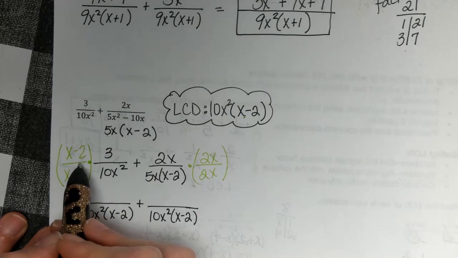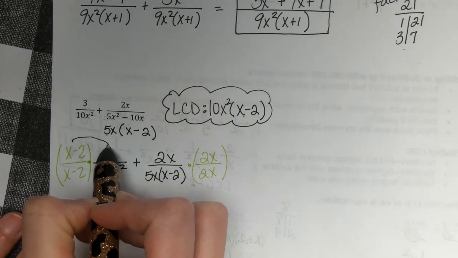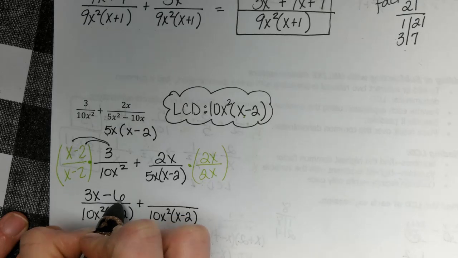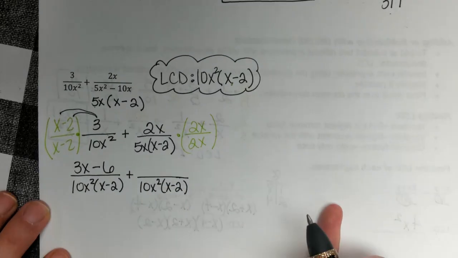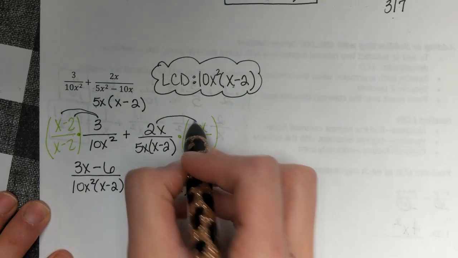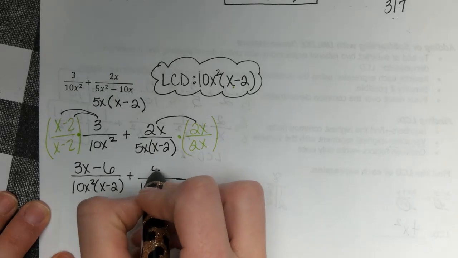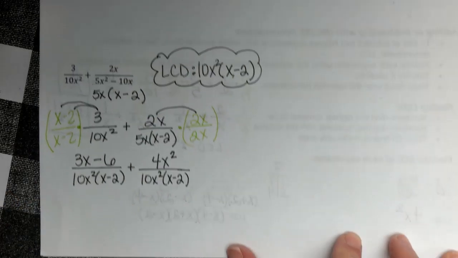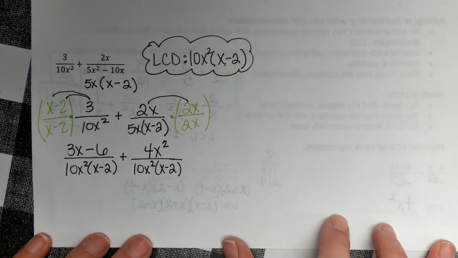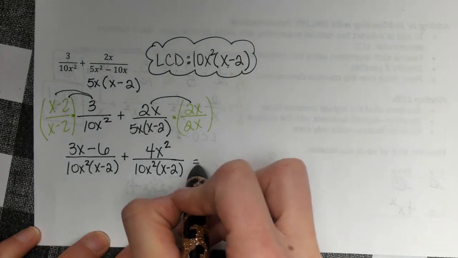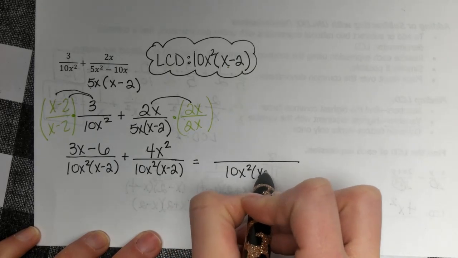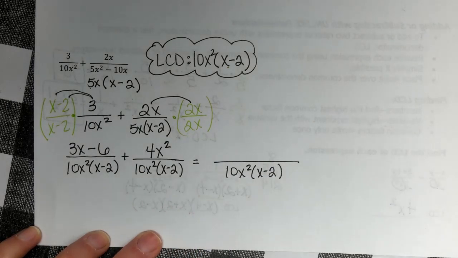So my numerator, I'm multiplying 3 times x minus 2. So I distribute that and it becomes 3x minus 6. And then 2x times 2x becomes 4x squared. Okay, so then I'm going to rewrite it all over the same denominator. And I'm going to put the numerator in standard form.